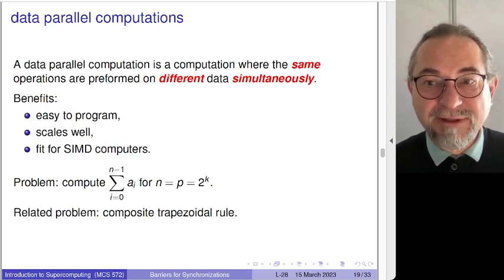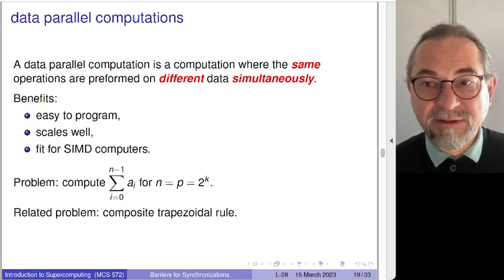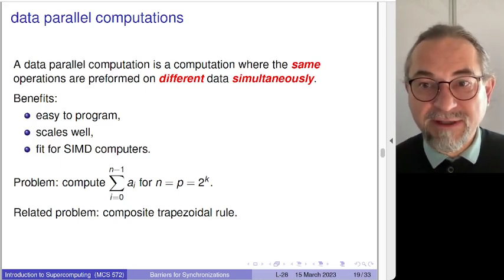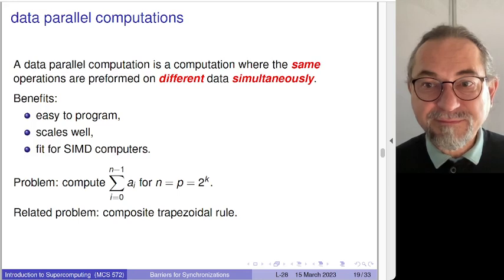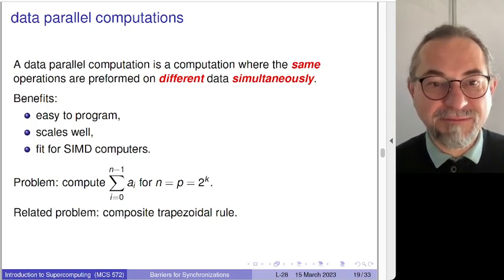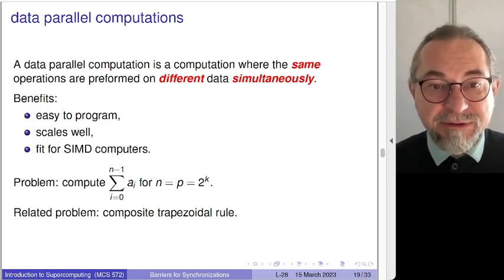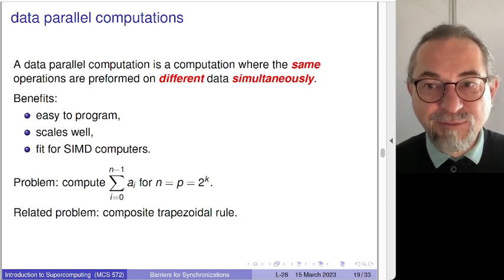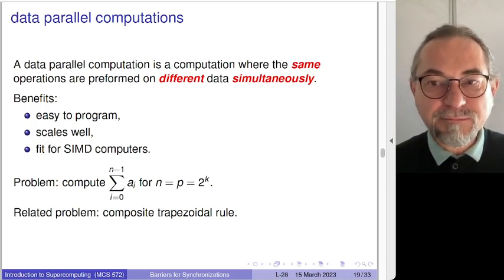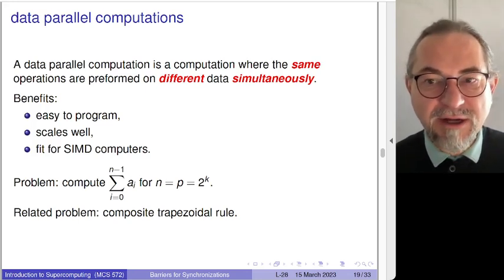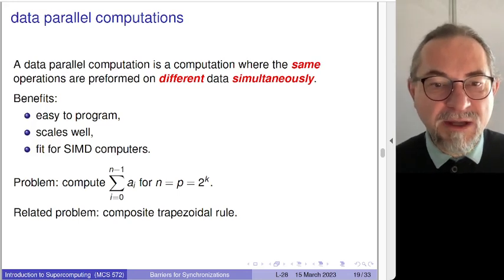It's a model that was historically developed for single instruction, multiple data computers, which we now know mostly from GPU accelerators. We will illustrate this with the prefix sum and again with message passing. There will be a later lecture on how to do this with CUDA.